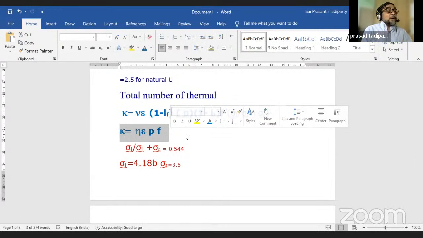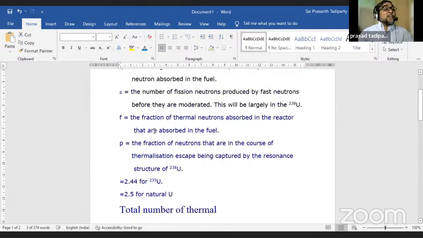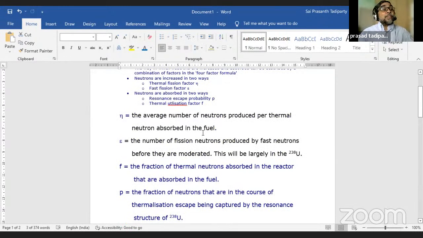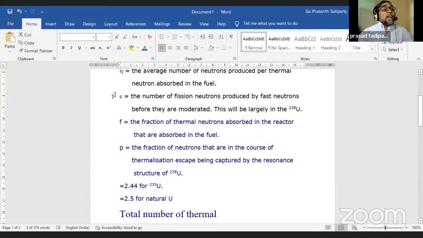That is K is equal to epsilon eta P F. Here P is the resonance escape probability, eta is the average number of neutrons produced per thermal neutron absorbed in the fuel, epsilon is the fast fission factor, and F is the thermal utilization factor, the fraction of thermal neutrons absorbed in the reactor that are absorbed in the fuel. P is the fraction of neutrons that escape being captured by the resonance structure during thermalization.